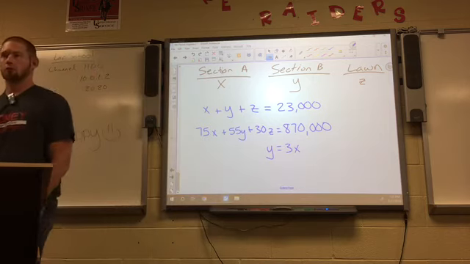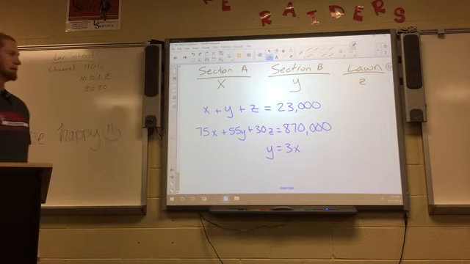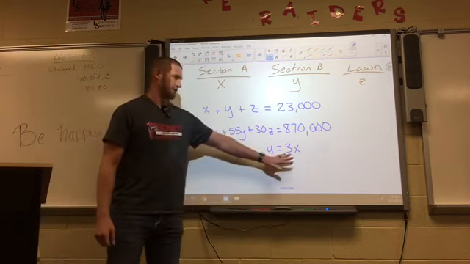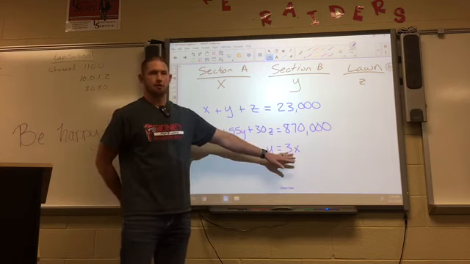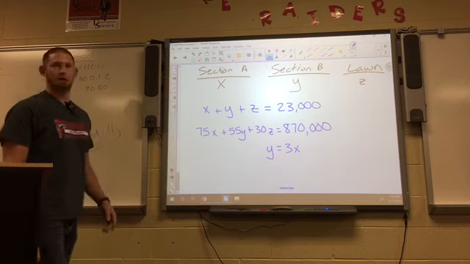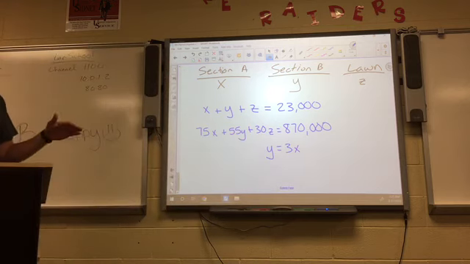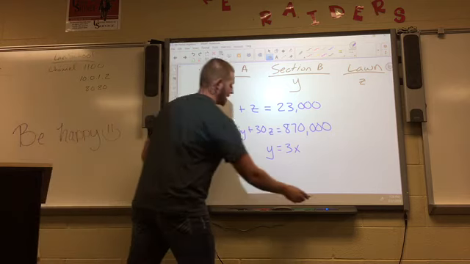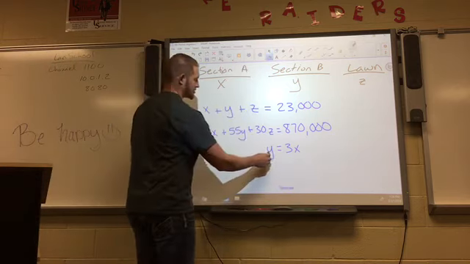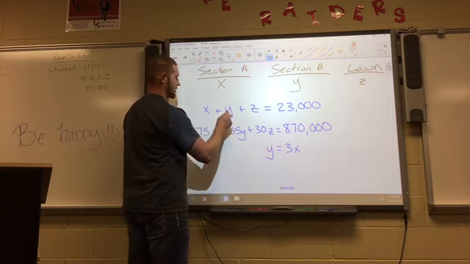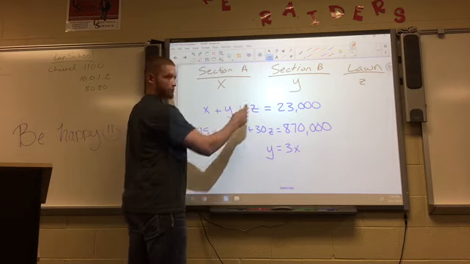And most of the word problems you get are going to give you something like this right away. That makes it a lot easier because you don't have to use elimination on the first step. So we're not going to solve this, but what you would do is you would take this Y, plug it in for Y, and simplify.